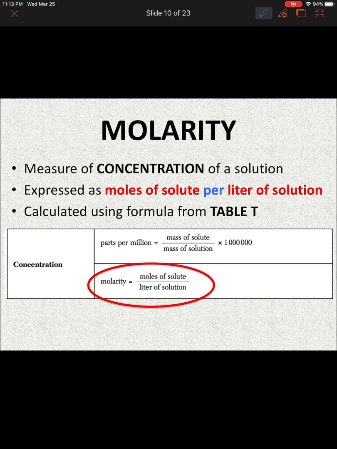And when you take a look at Table T, that last table on your reference table with all the different formulas, there's actually a formula to calculate molarity. The formula is molarity equals moles of solute over liters of solution. So it's moles per liter. Kind of makes sense, right?